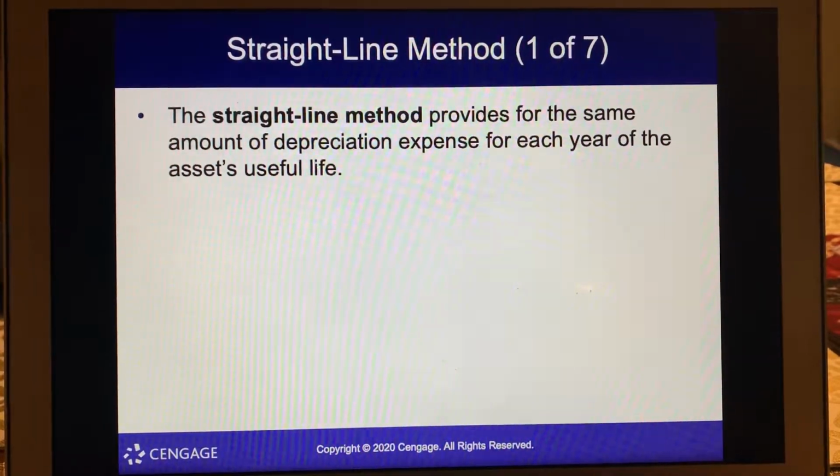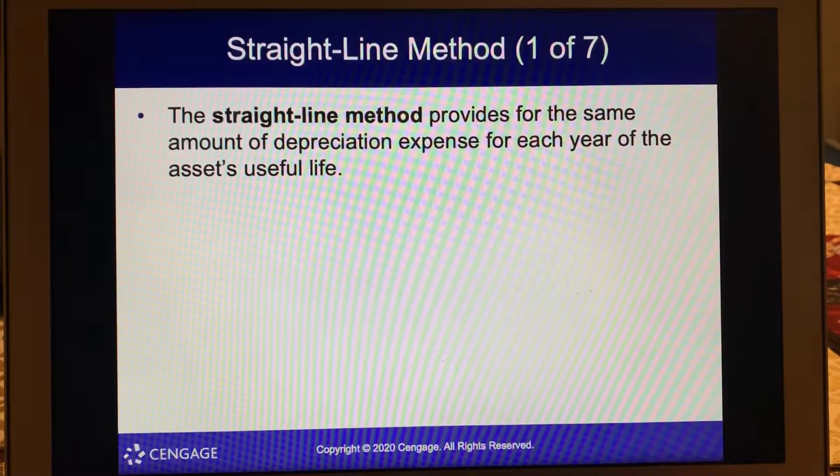The straight line method provides the same amount of depreciation expense for each year of the asset's useful life. So when I said 22,000 divided by 5 earlier, that's straight line depreciation. That's where it's average, and then you take that same average each year until it's fully depreciated.